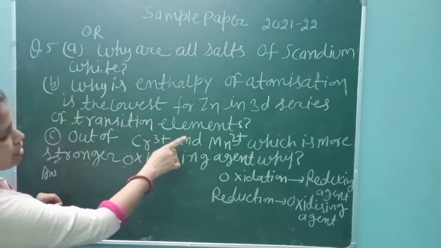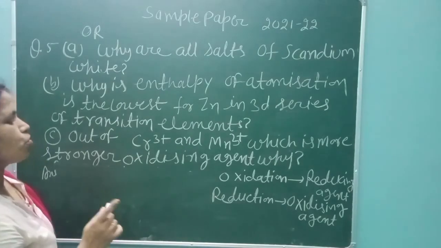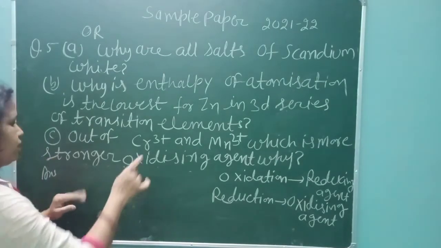Now let's see the reduction and oxidizing agent. So Cr3+ and Mn3+, which is the stronger oxidizing agent? Let's see.